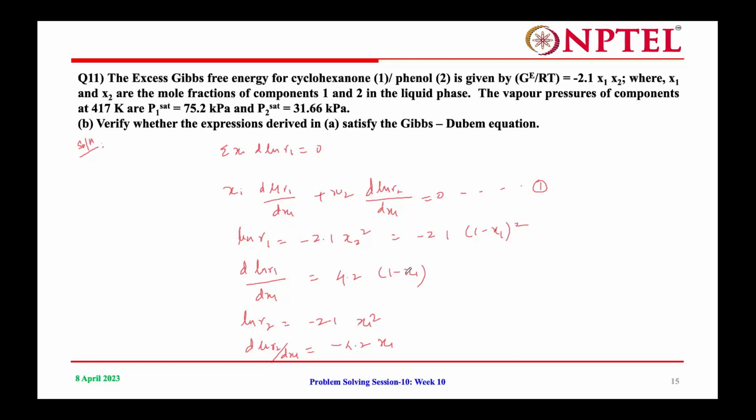Now put this value in this equation: 4.2 (1 minus x1) into x1 plus x2 times minus 4.2 x1, right?